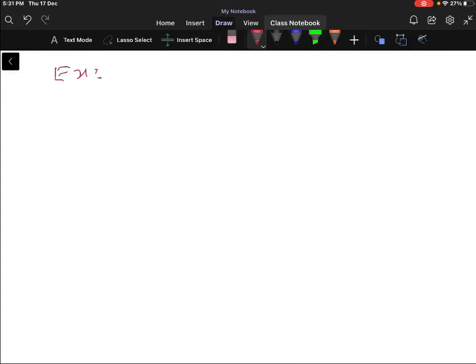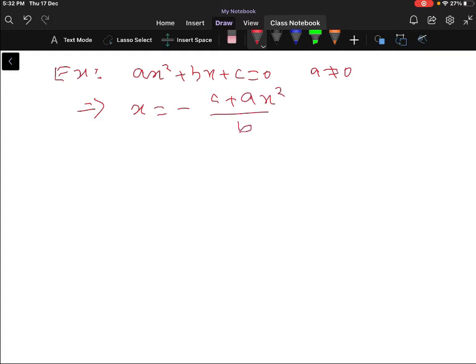For example, ax square plus bx plus c is equal to 0, a is not equal to 0. So this can be written as x is equal to minus c plus ax square by b.